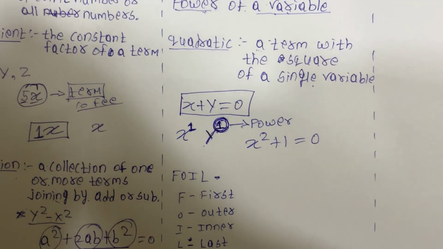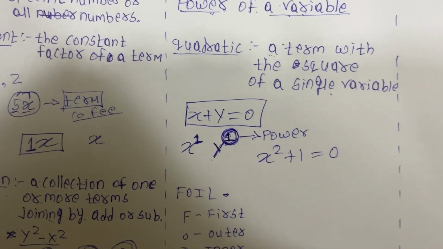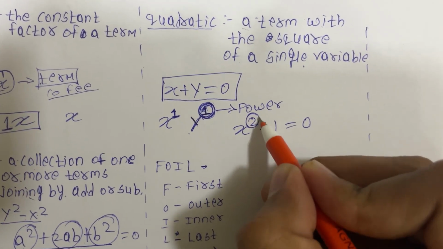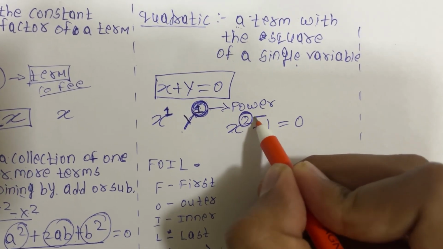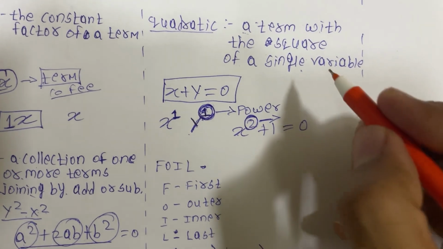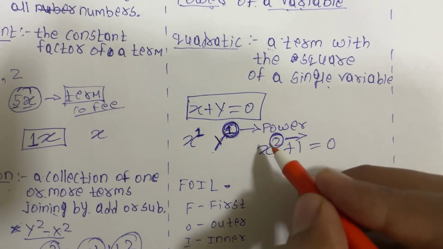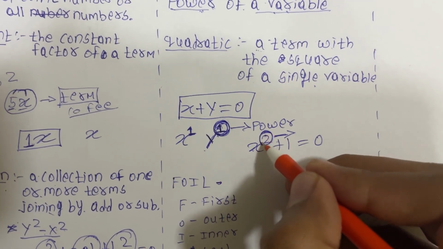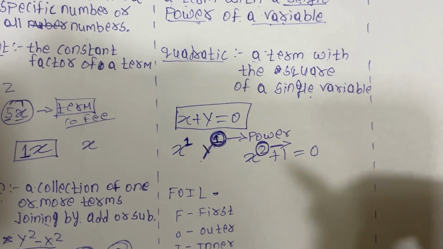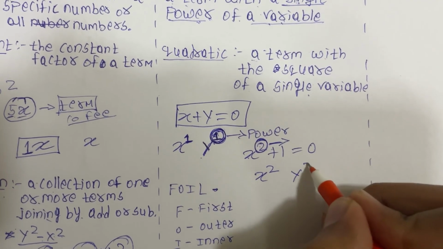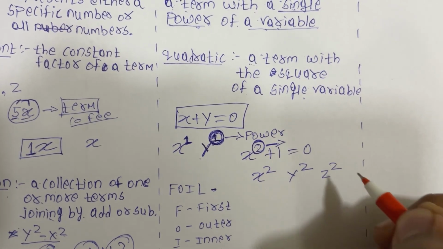Why is it a quadratic equation? Because here the power of the variable is 2, that is a square. In mathematical terms, we don't call it 2, we call it a square. So it's x square, y square, z square.